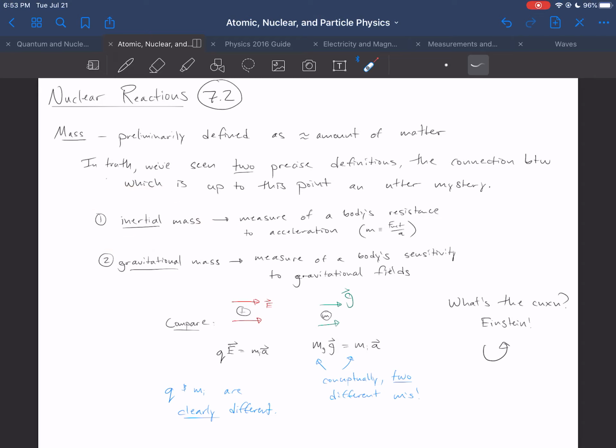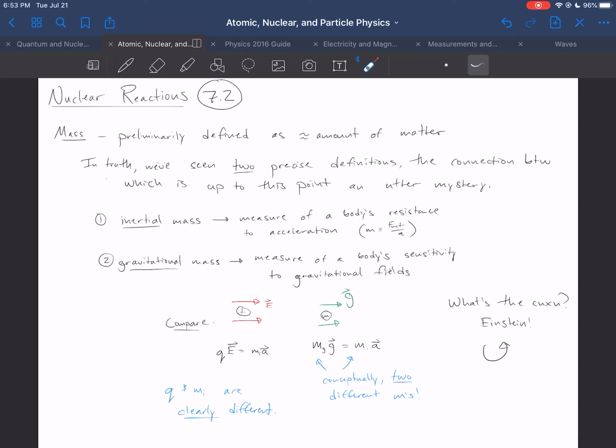But we've also seen a different concept that we have also called mass, and that's the gravitational mass. The gravitational mass is a measure of a body's sensitivity to gravitational fields. That is, if you increase the gravitational field strength for the same mass, you will get an increased force, known as the weight, on that mass.